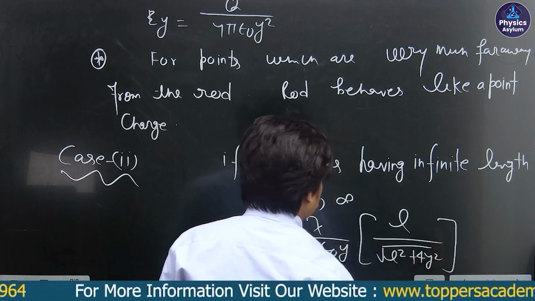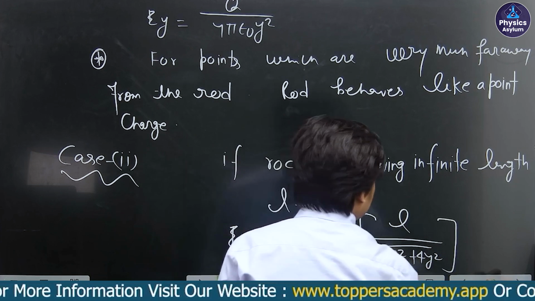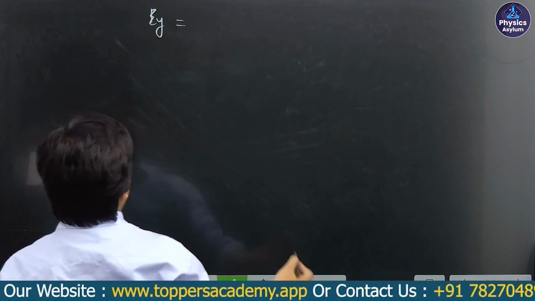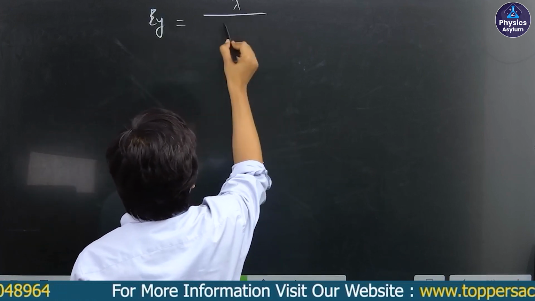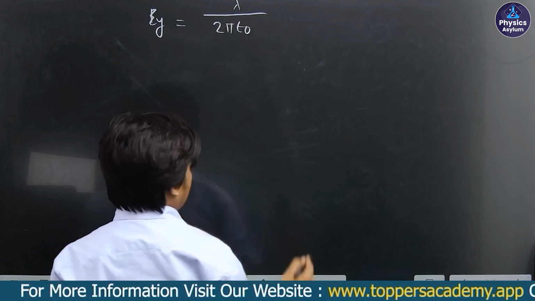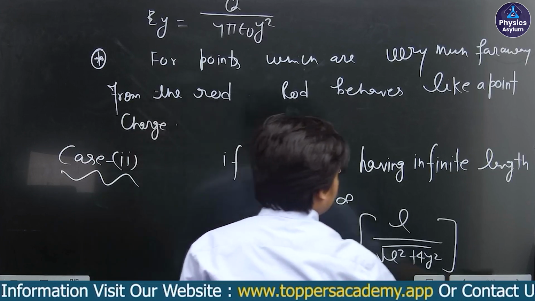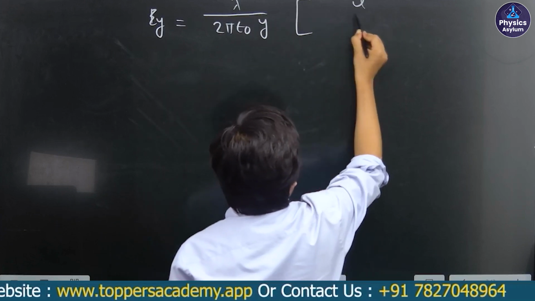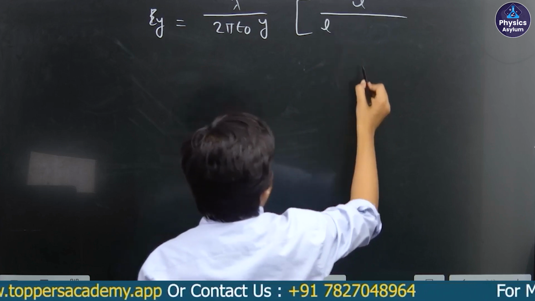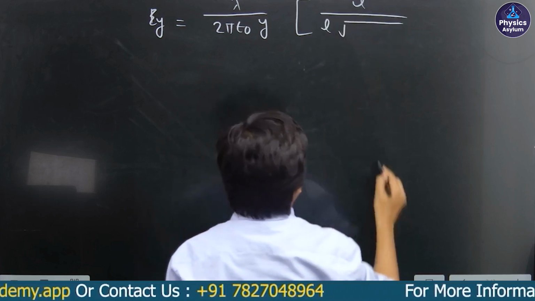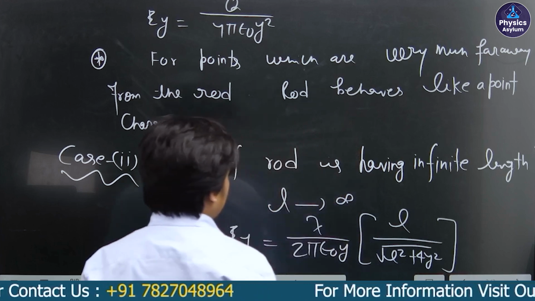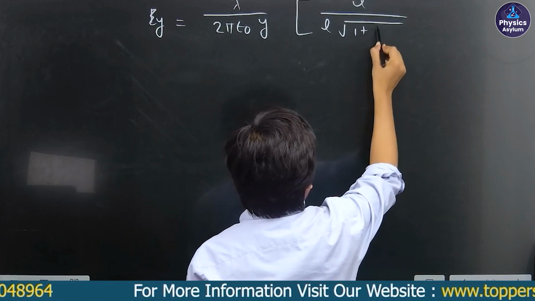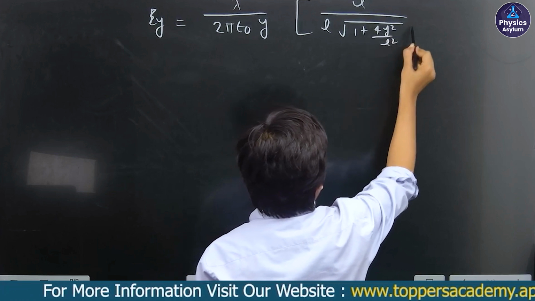Okay, if I take L square common from here, then what will happen? I take L square common from that square root, so I will get 2 lambda divided by 2 pi epsilon naught y, this is your L, and one L will come outside of this square root, and you will be left with 1 plus 4y square by L square, right?